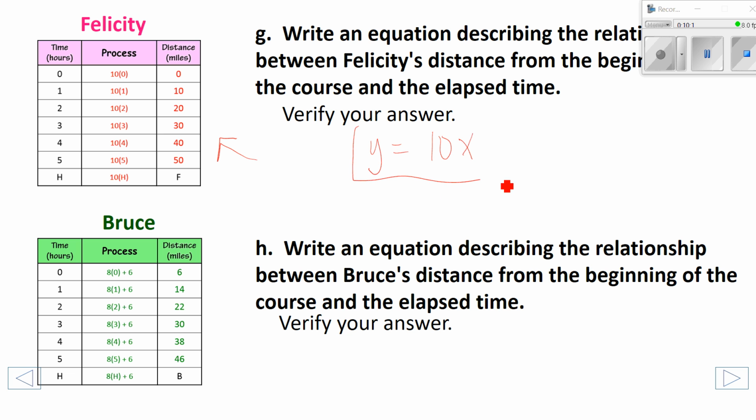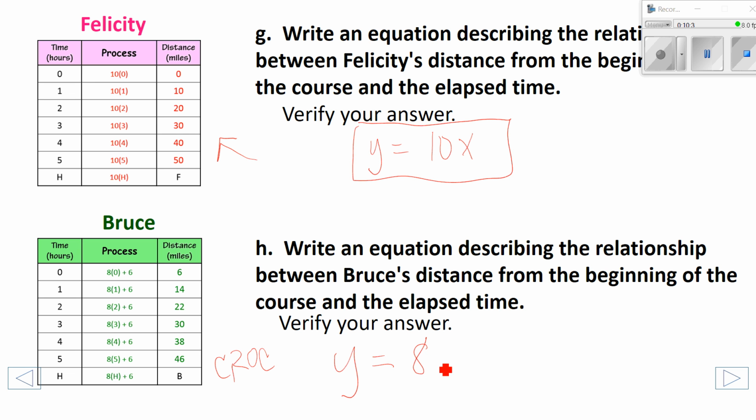That's our distance. So here's our equation for this one. Over here, writing an equation to describe the relationship, it's a little different. We're still trying to find distance, which is y equals, but I had to multiply because remember my constant rate of change was 8.